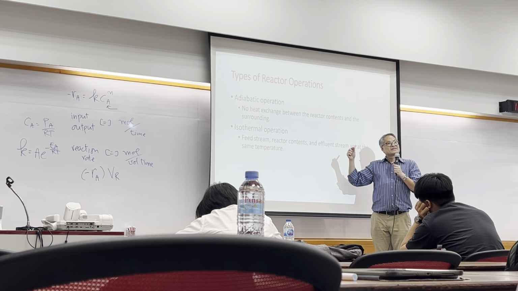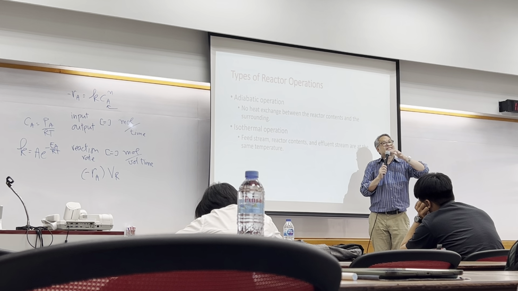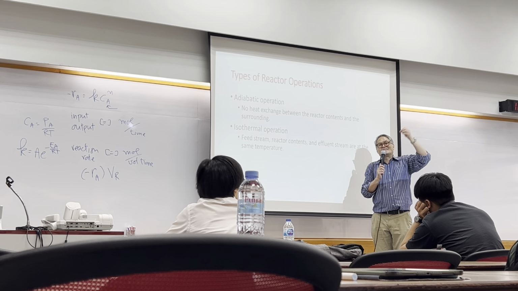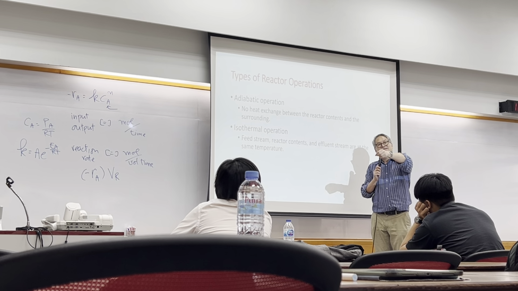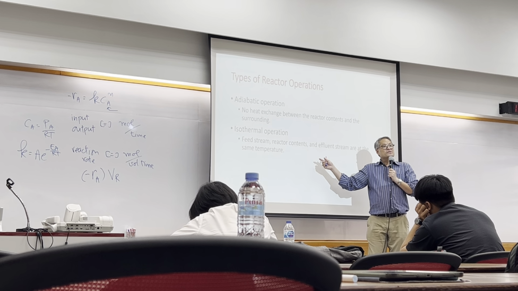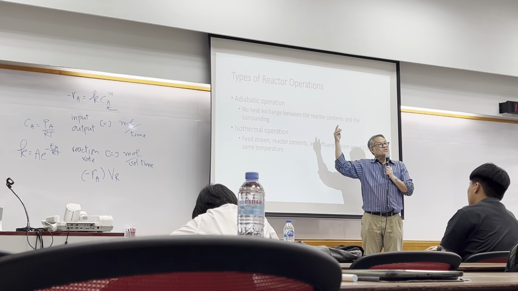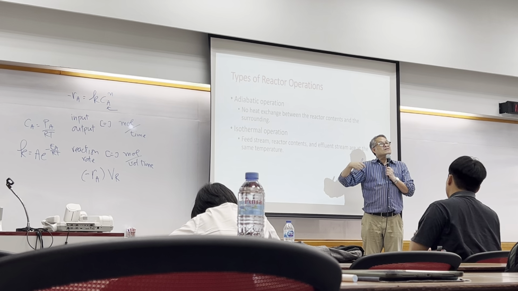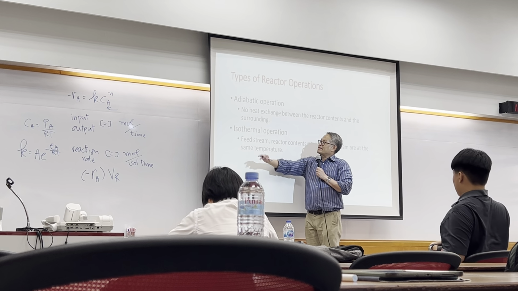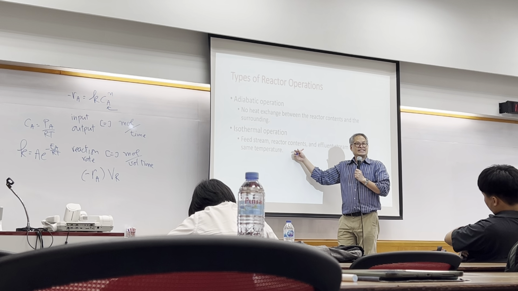If it's endothermic, you need to add some heat to it. So you have a steam jacket, and you feed some steam, and the steam will give some heat to the contents, okay? But if it's exothermic, you will have a coolant running inside the jacket to remove some heat to keep the temperature the same, okay? So at the beginning, we will focus on isothermal operations, okay?